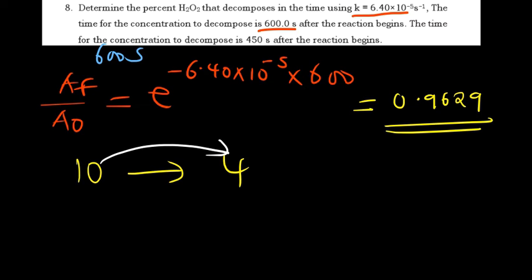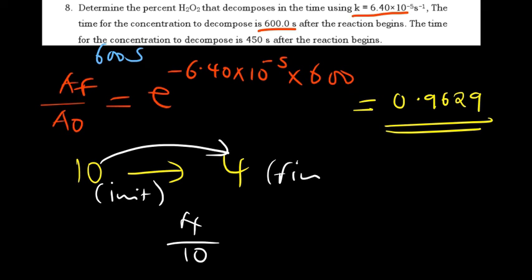It means 10 is your initial and 4 is your final, so you have 4 over 10, final over initial. This percentage is what has remained, not what has decomposed. So to find what has decomposed, first find the percentage that has remained, and then subtract from what was available initially.